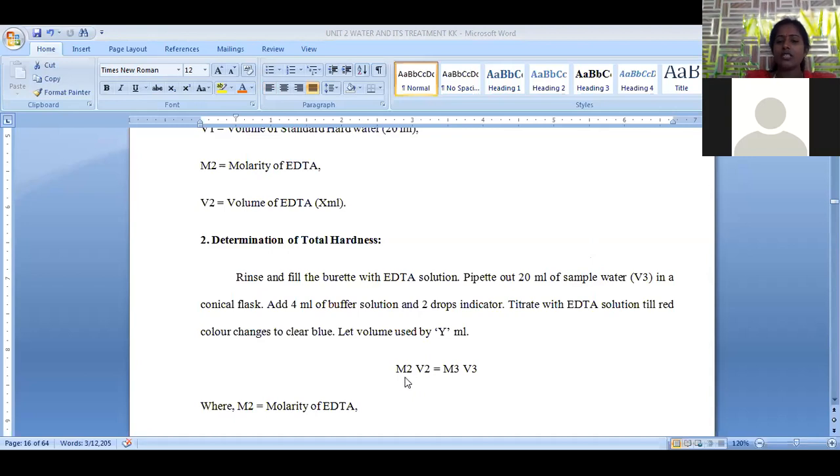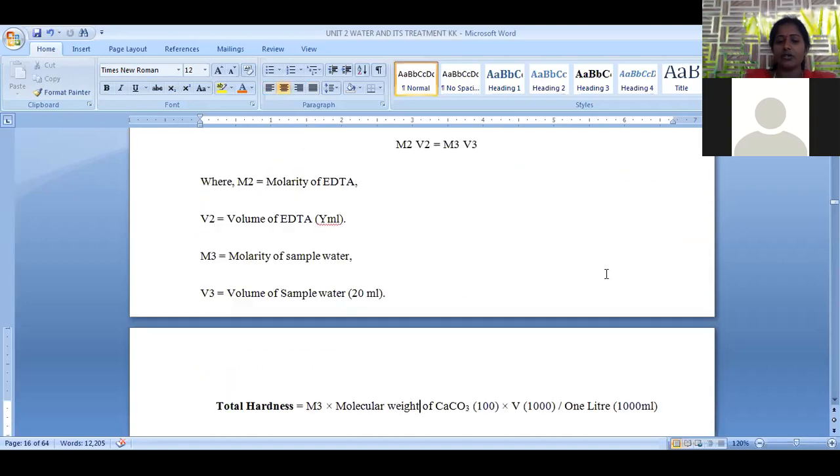Here we are using the formula M2V2 is equal to M3V3. M2V2 terms belong to EDTA and M3V3 terms belong to sample hard water. We want to determine the total hardness of water, that's why the sample is directly taken and titrated against standard EDTA solution.